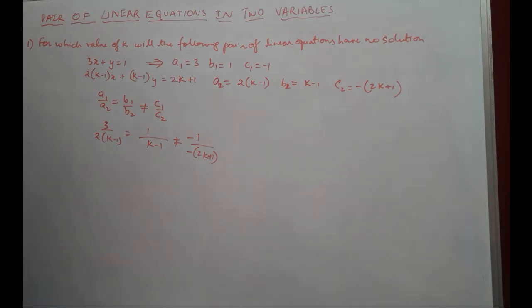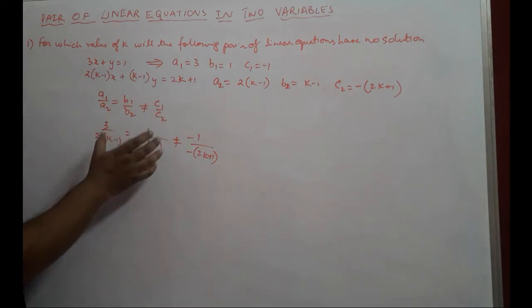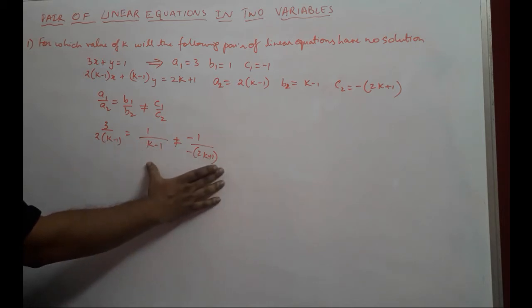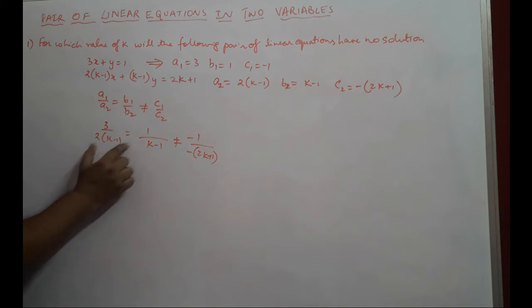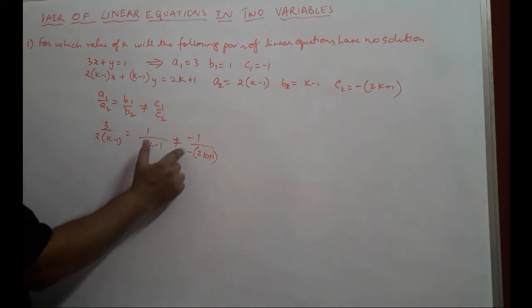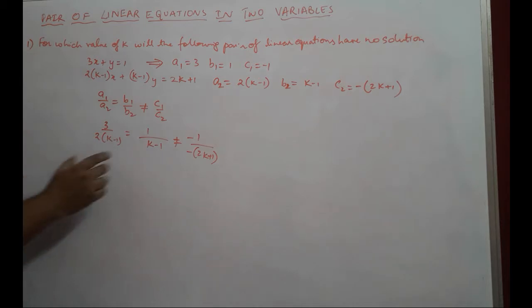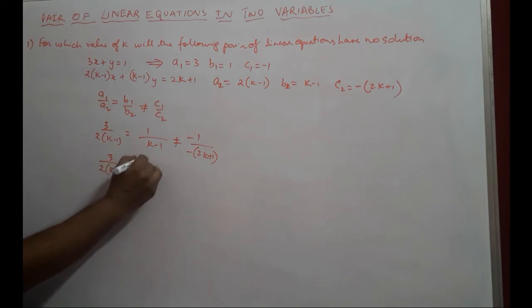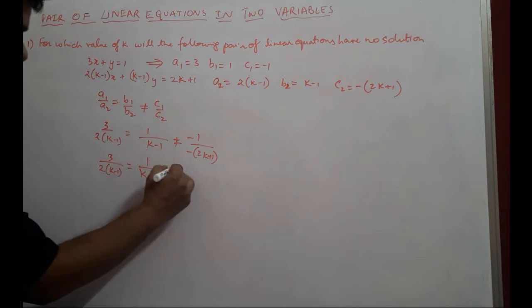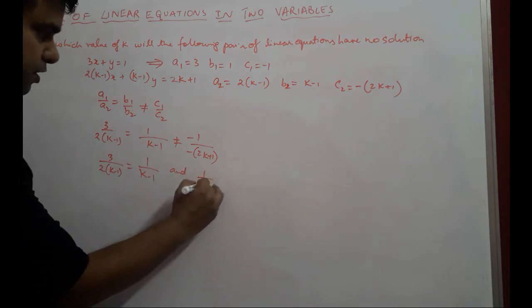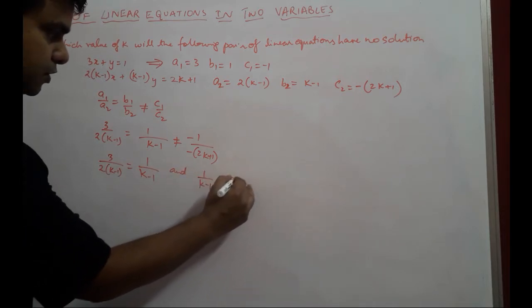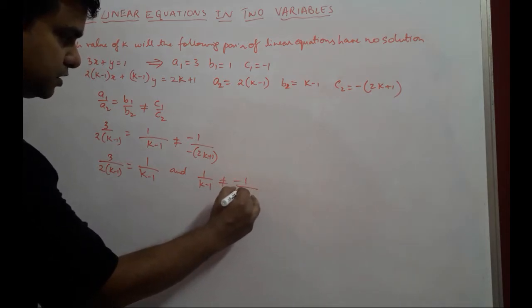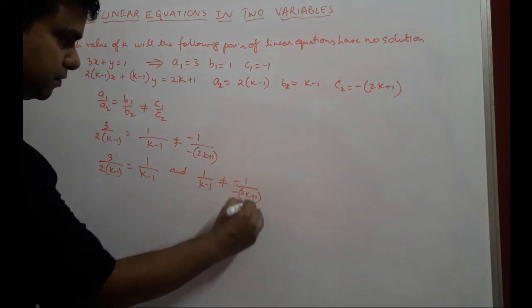So remember something, that we'll only get the value of k in this particular situation, where A1 upon A2 is equal to B1 upon B2 but not equal to C1 upon C2. So this can be divided into two different equations, that is 3 upon 2 into k minus 1 equal to 1 upon k minus 1, and the other one will be 1 upon k minus 1 not equal to minus 1 upon minus 2k plus 1 whole thing.